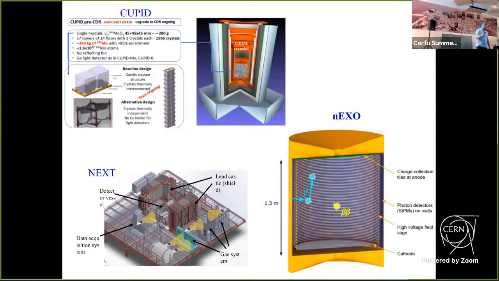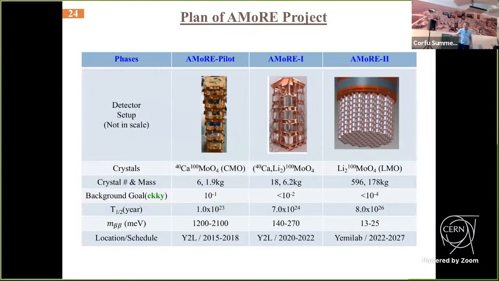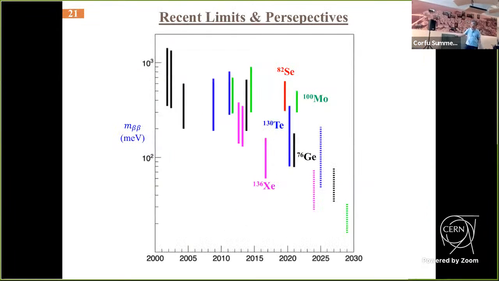That's 13. So this was drawn; that plot, 13 to 25, was this one. That's the number we expect. For this one, it is the level of 200. This is KamLAND-Zen.